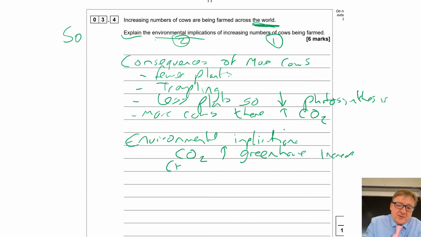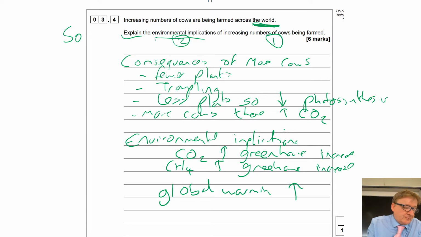If methane goes up, because that's what cows also produce, the greenhouse effect increases. Therefore, if the greenhouse effect is increasing, global warming increases. And then it also means that because you've got more cows in fields, there's less land for crops.